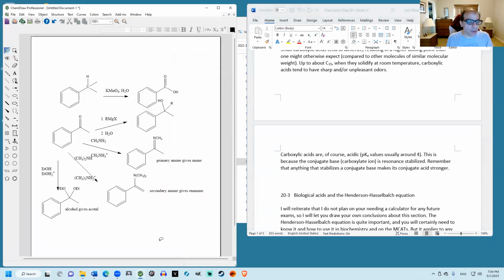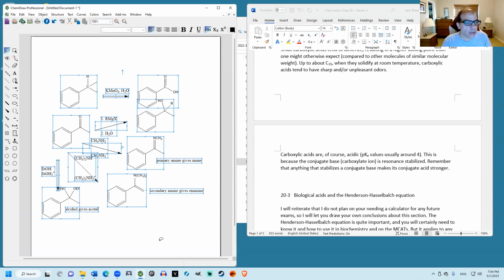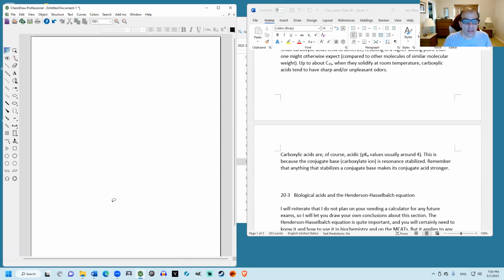And one thing we spent some time on in this chapter is the acidity of carboxylic acids. So for instance, is it okay if I abbreviate a carboxylic acid functional group as CO2H, just to save some time? We said that anything that makes the conjugate base more stable makes the acid stronger.